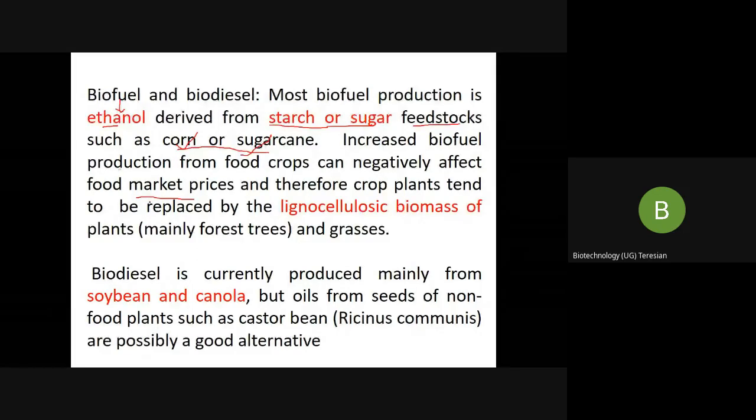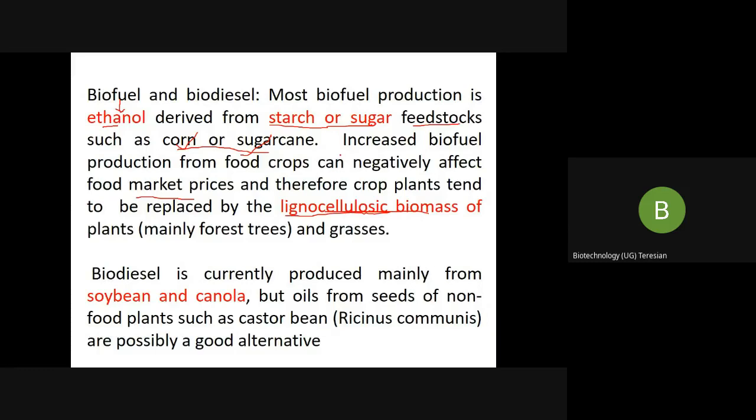Okay. So what they are doing now is, instead of synthesizing ethanol from the corn and sugarcane, which is a food product for humans, it is being replaced by lignocellulosic biomass.